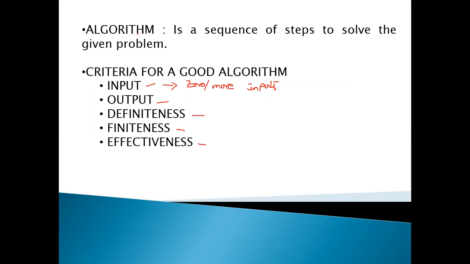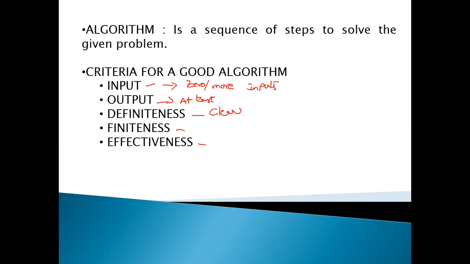Next one is output. At least one output should be there for an algorithm. Next one is definiteness. Definiteness means each and every instruction which we specify in an algorithm should be clear and unambiguous. That means it should not lead to any confusion.